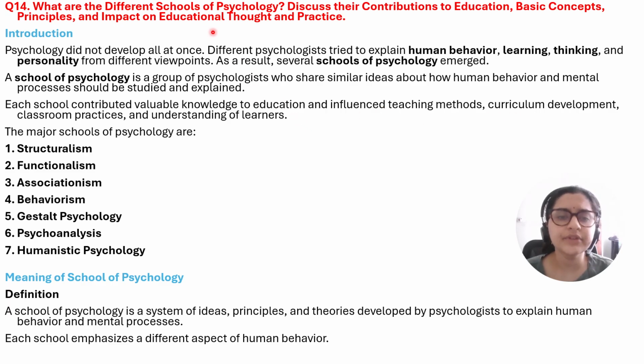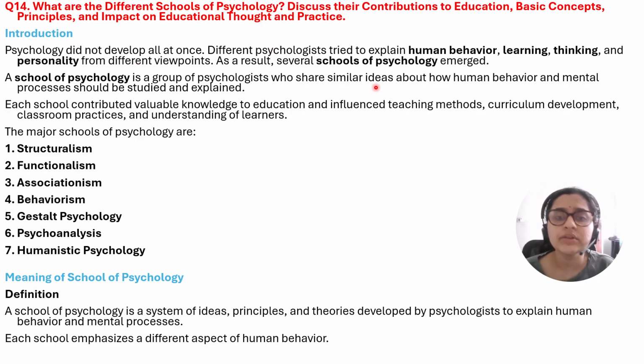Next one: what are the different schools of psychology? Discuss their contributions to education, basic concepts, principles, and impact on educational thought and practice. Psychology did not develop all at once; it happened in various stages. Different psychologists tried to explain human behavior, learning, thinking, and personality from different viewpoints.